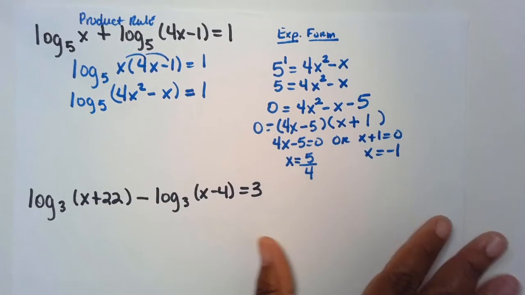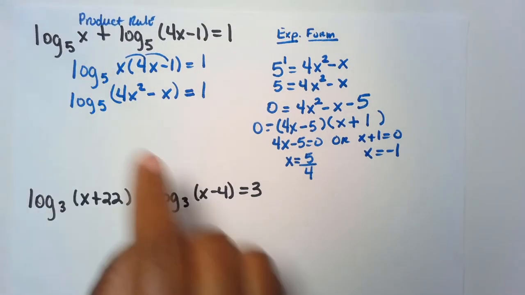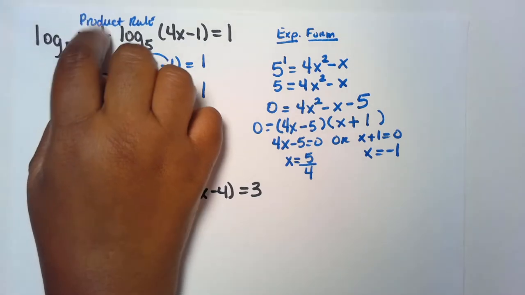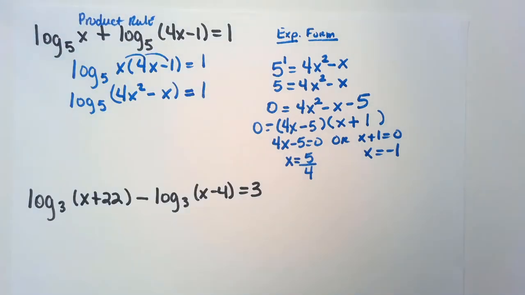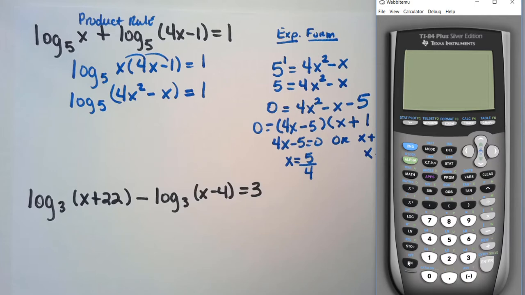Well, this component, remember, we don't want it to outright be negative. So since that's going to be a negative 1, and even if we try to put this into our calculator, let's see if I can find it, and it depends on the calculator.